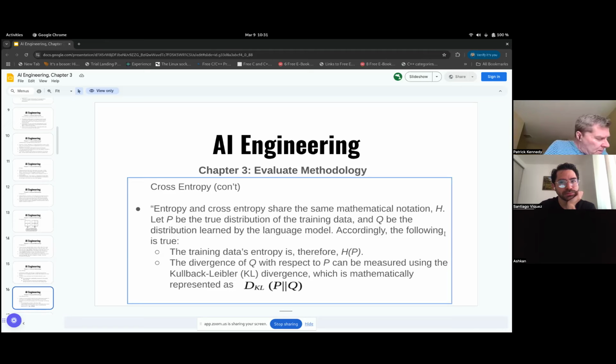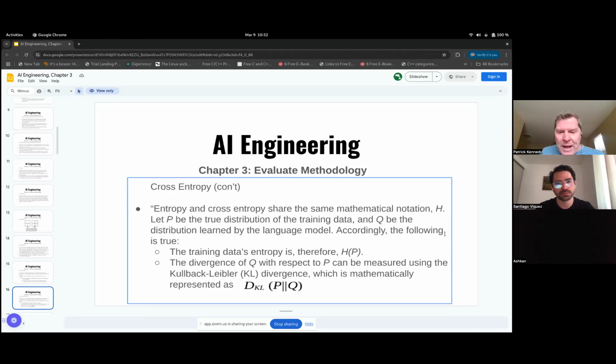It's quite interesting. KL, the Kullback-Leibler, is a contrast that measures the difference between 2 probability distributions, P and Q. Namely, KL divergence quantifies the amount of information loss when Q is used to approximate P.